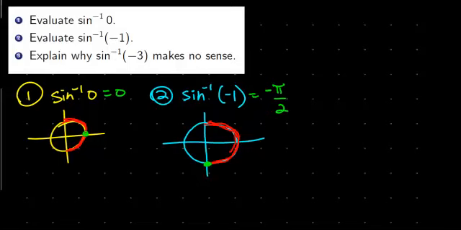Explain why inverse sine of negative 3 makes no sense. Number 3: inverse sine of negative 3 makes no sense.